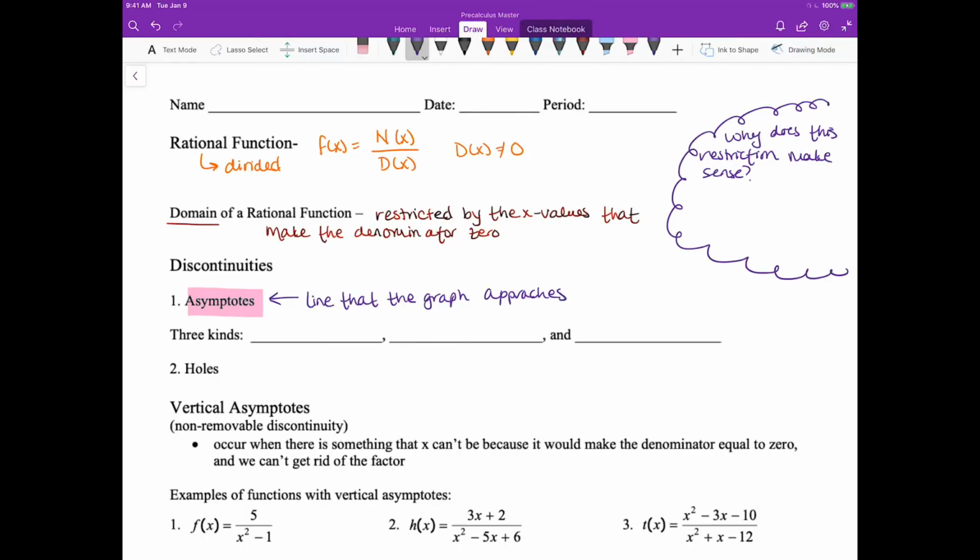So there are three different kinds of asymptotes because there are three different kinds of lines. I misspelled approaches. So three different asymptotes for three different kinds of lines: a vertical line, a horizontal line, and a slant line.